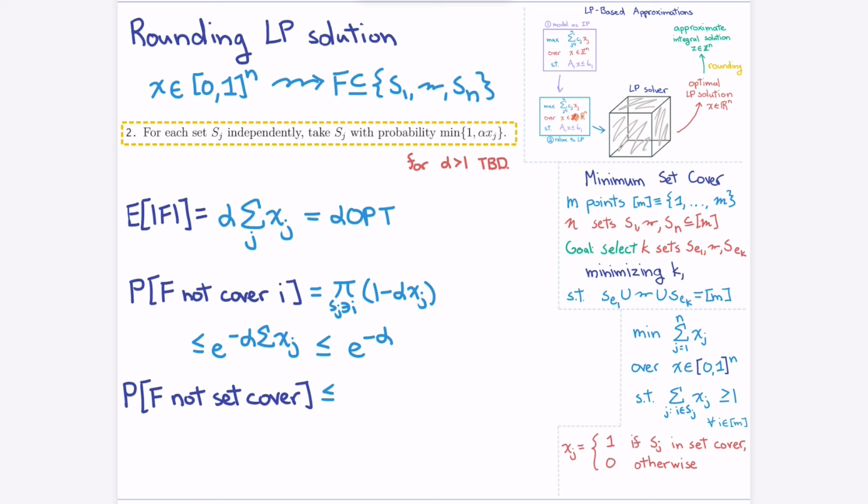That's a real issue: whether or not you cover 1 point is strongly correlated with whether you cover another, right? If I know I'm covering this point, then I'm taking more sets, I'm more likely to cover another. So it's not independent. You can't just break it up. So you're in a very dependent situation. I don't think I've put you in this situation before, so it's good to see this.